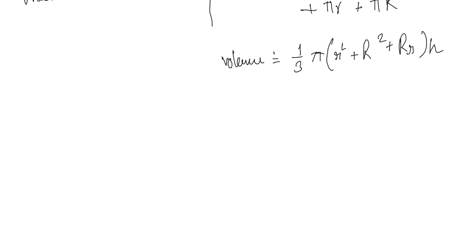Now the telescope in numerator formula is 1 by (n plus 1) into d.